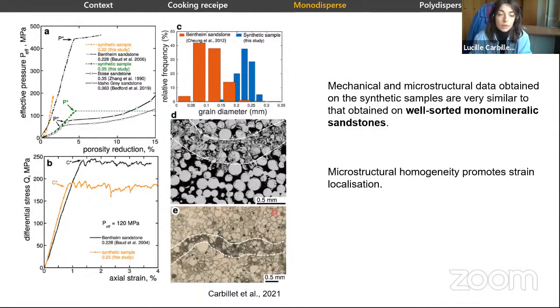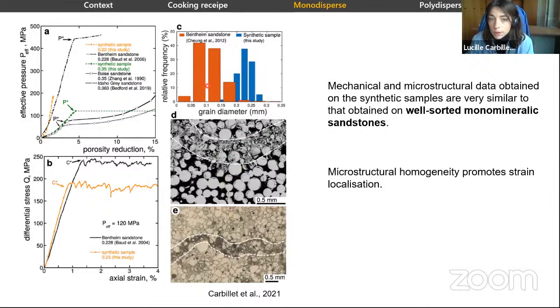Then if we think of what's going on in the microstructure, we also saw that our results are very comparable to what's been observed on natural sandstones. So again, it's a comparison between Bentheim sandstone and synthetic samples.